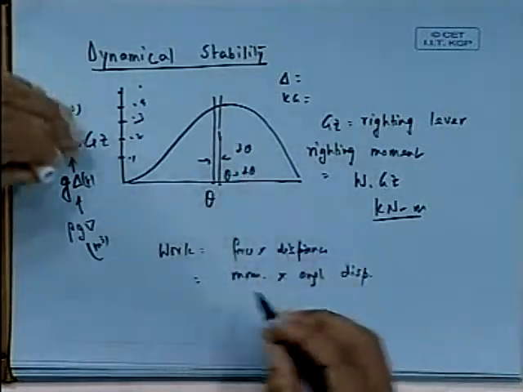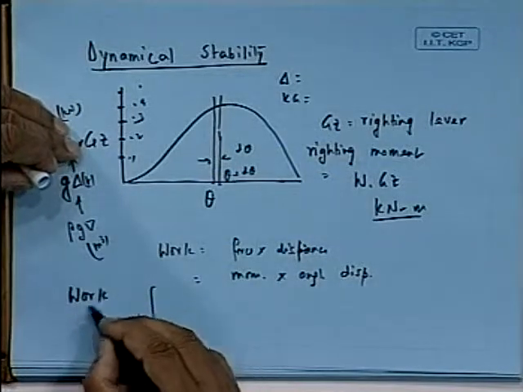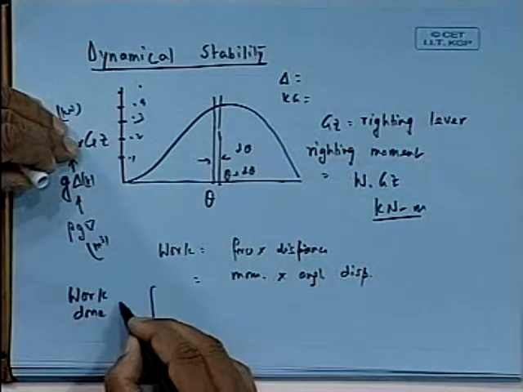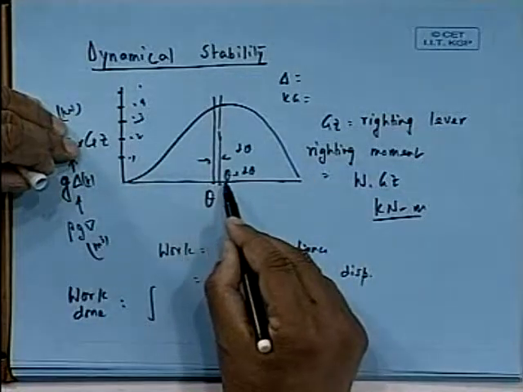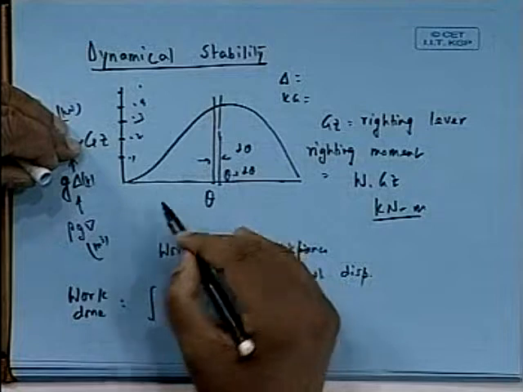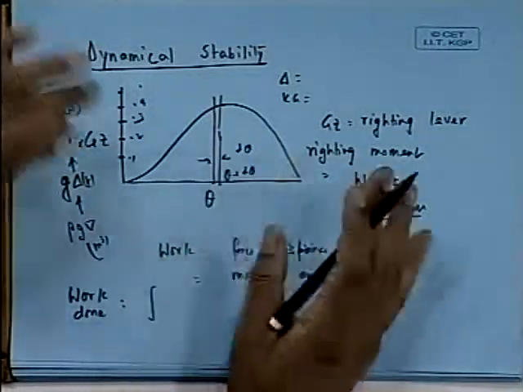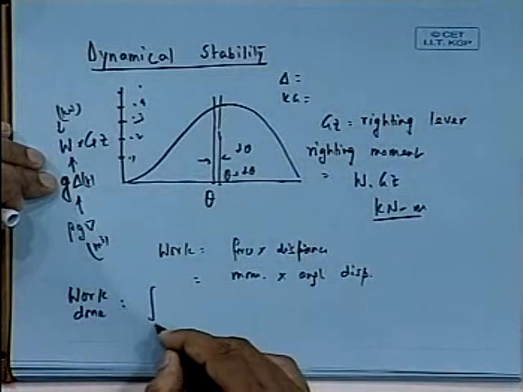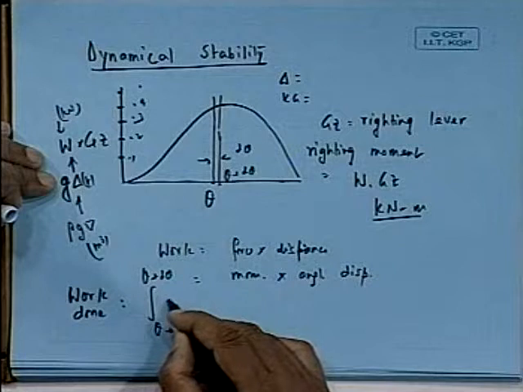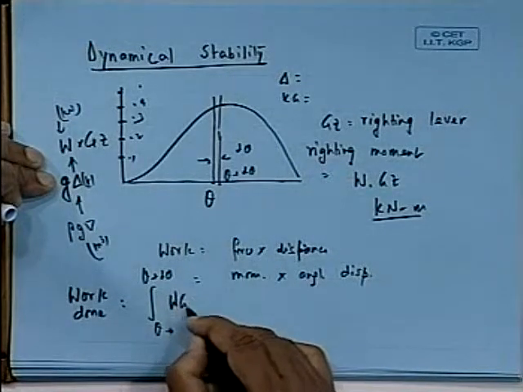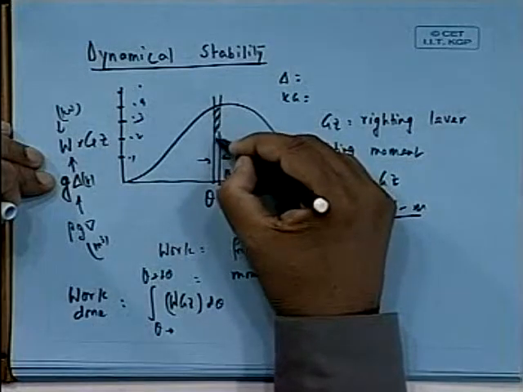So the work done to heel the ship from angle theta to theta plus delta theta is the same as the work done against the restoring moment, and this will be given by W Gz into d theta. That means this area.